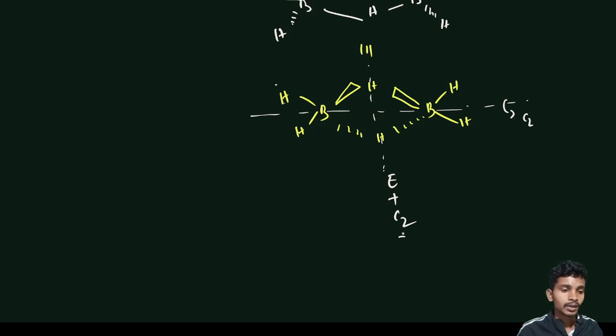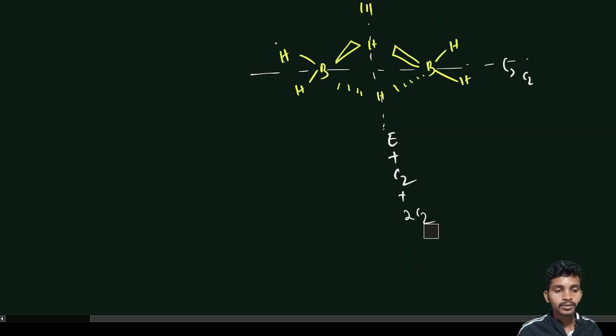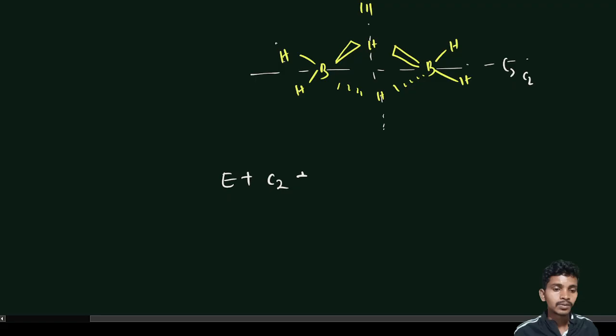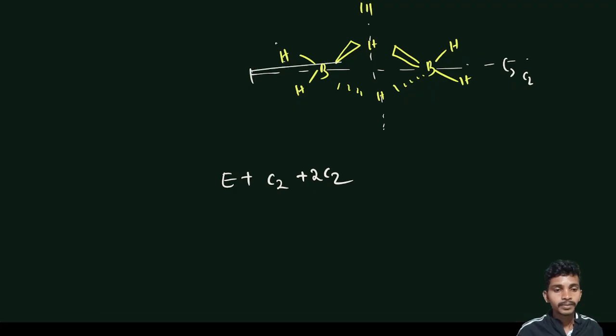So 2 C2 is there, 2 C2 is there. So I will write like this: E is present, C2 is present, 2 C2 is present. Similarly the sigma v is also there, because if I pass this sigma, then this gets interchanged, this gets interchanged. So plus 2 sigma v is there.